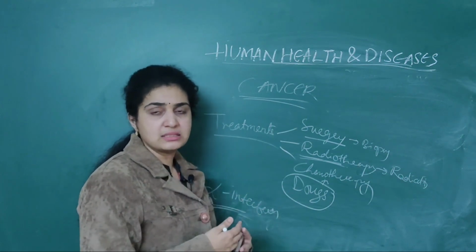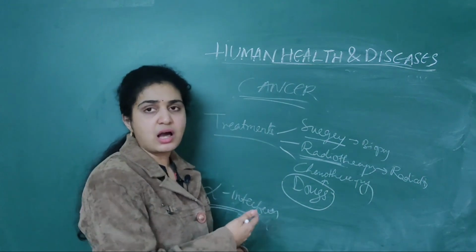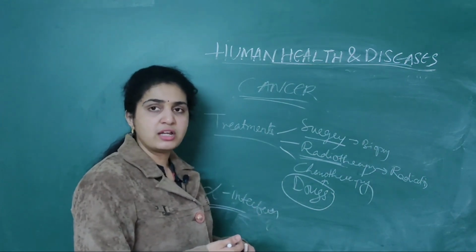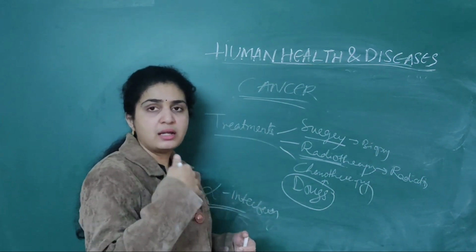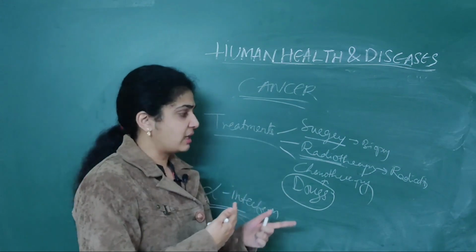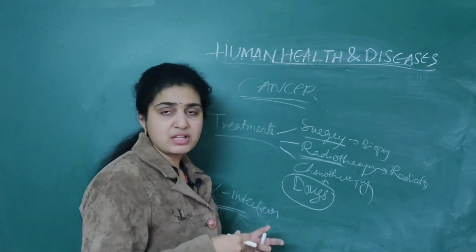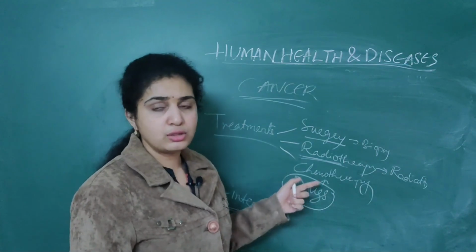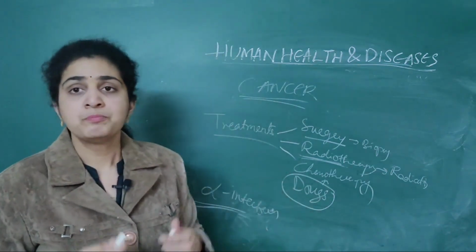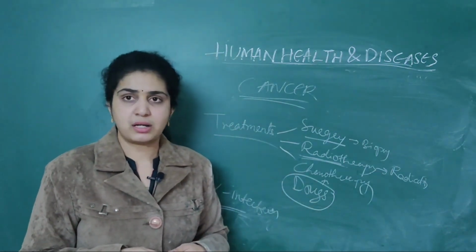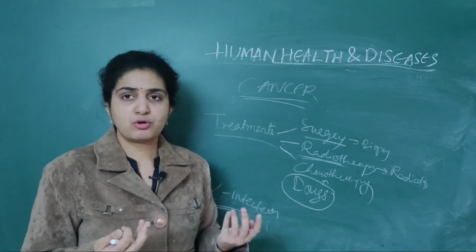In later stages, alpha interferon is also given. The side effects of radiotherapy and chemotherapy are hair loss and loss of appetite. What are the symptoms you see for cancer?